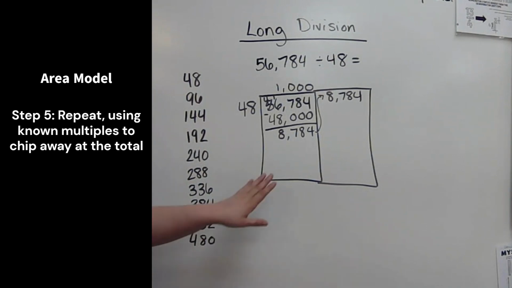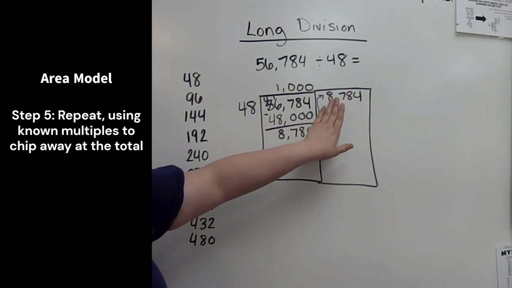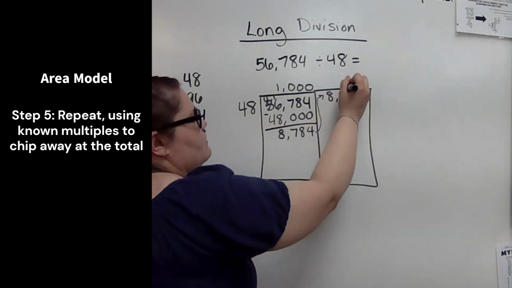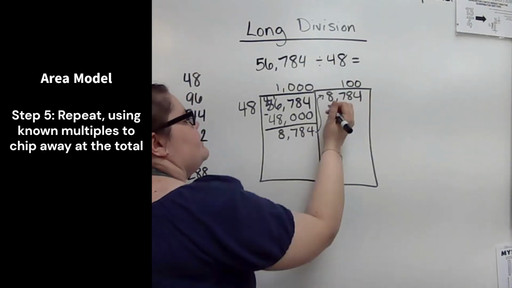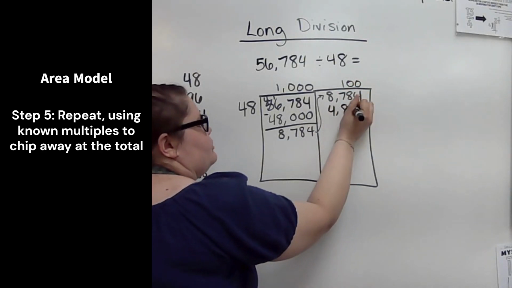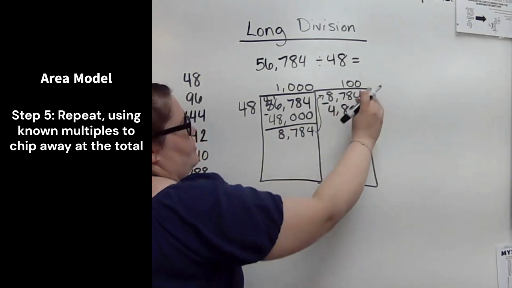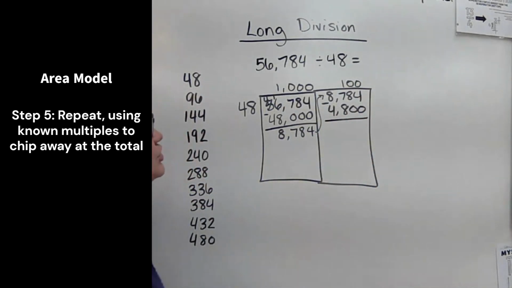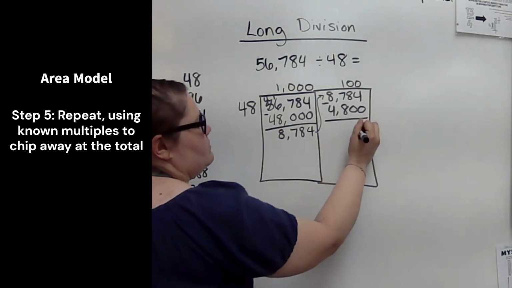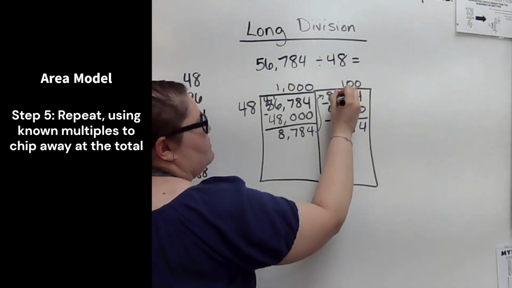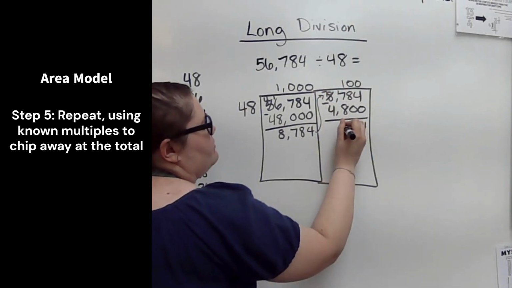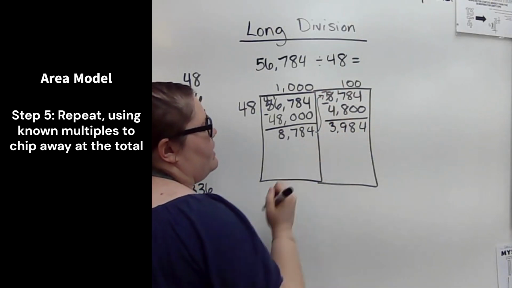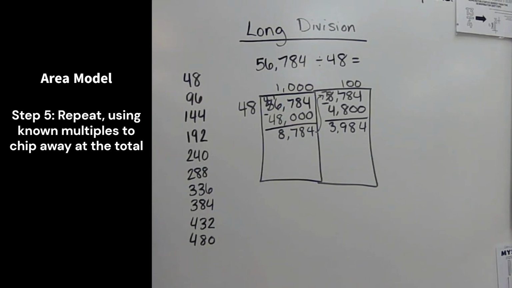I know that 48 times 100 is going to make 4,800. So I put that 100 up top, 4,800 here. I'm going to subtract. A little bit of regrouping. And it leaves me with 3,984.